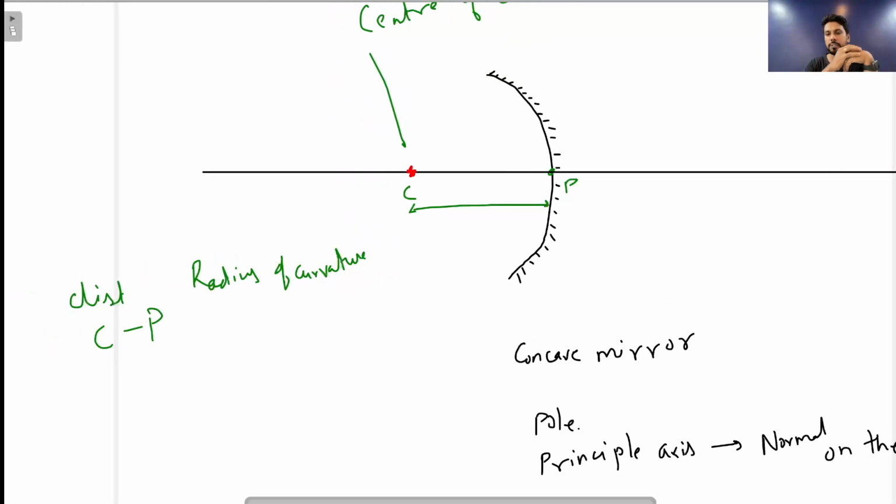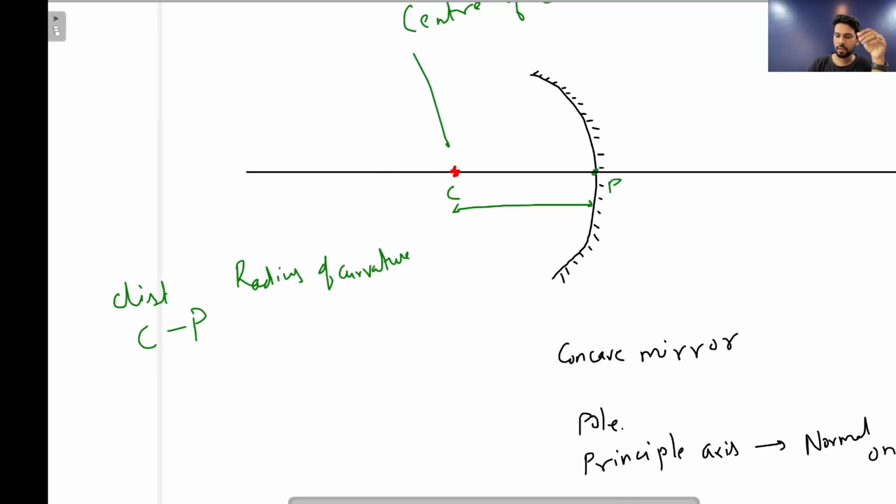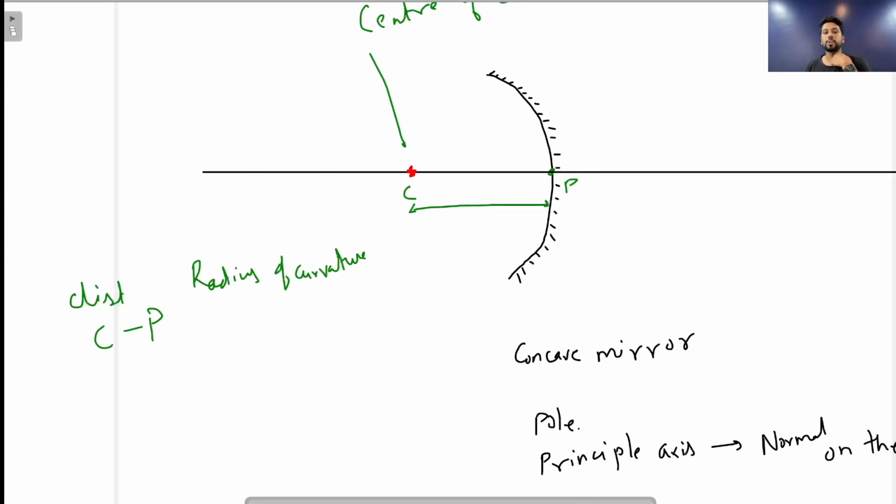Now, there is one more special point that comes in a spherical mirror, and that special point is focus. How was focus discovered? By sending a parallel beam of light on the spherical mirror.